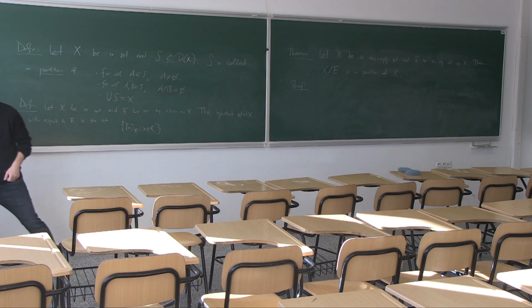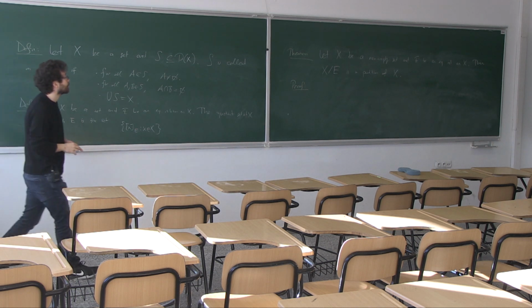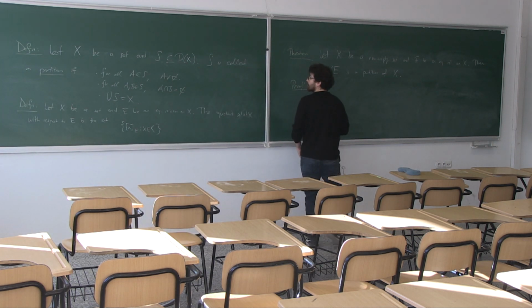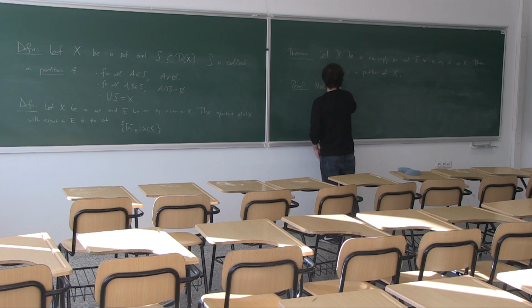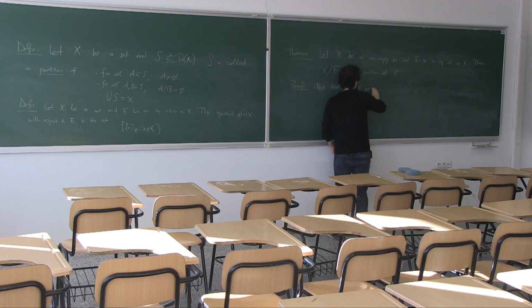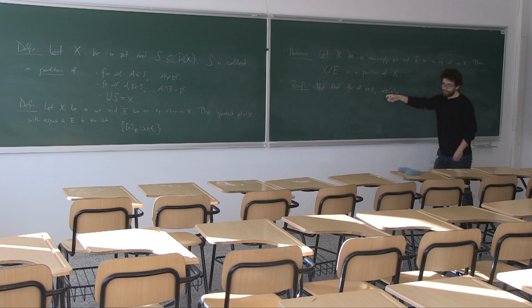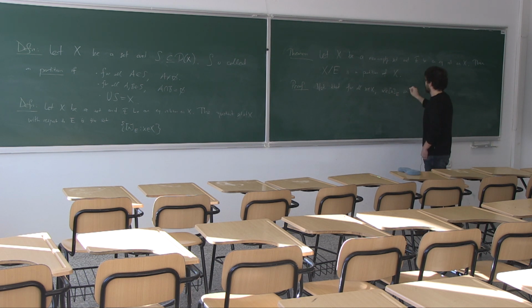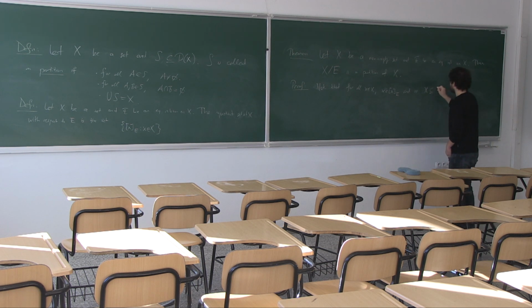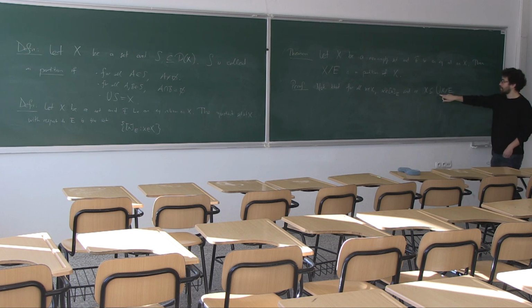Now the proof is easy. How many minutes do I have? I have 5 minutes. Okay. Note that for all x in X, x belongs to the equivalence class of x. And so, what this shows is X is a subset of this union. Okay?